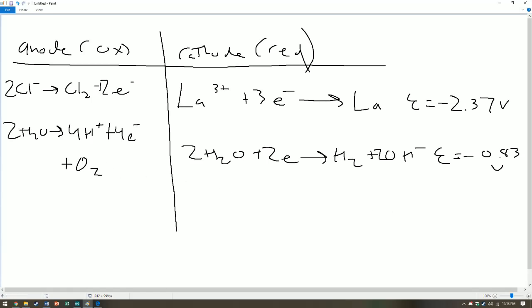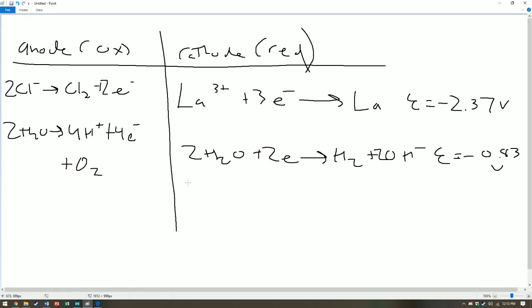And there's another reaction that we could also consider. I think it had a lower cell potential. It was like negative 1.78.